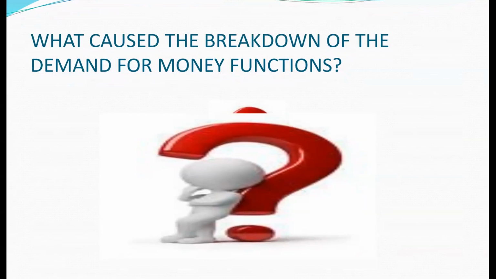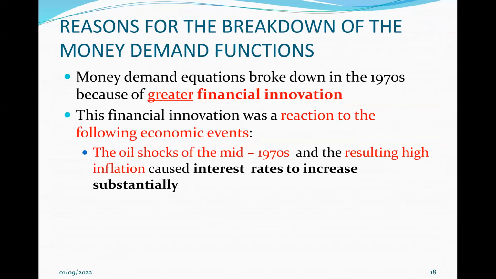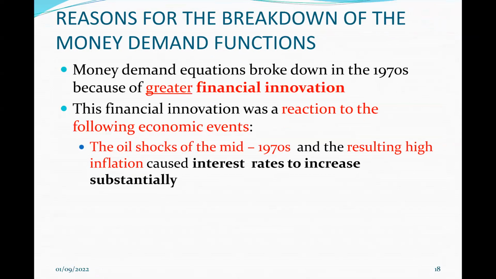What caused the breakdown of the demand for money? Remember the demand for money that we had at first. We said that money is influenced by income, by interest, by wealth. Now, what led to the breakdown of that equation?